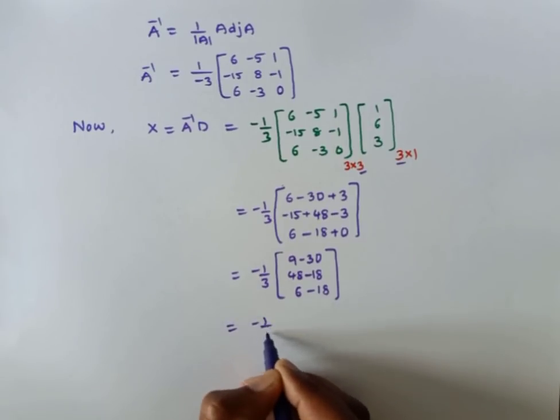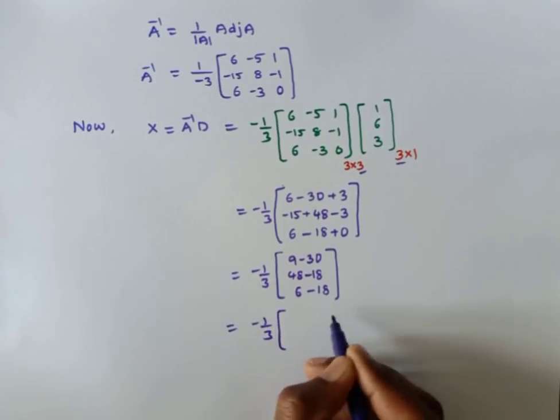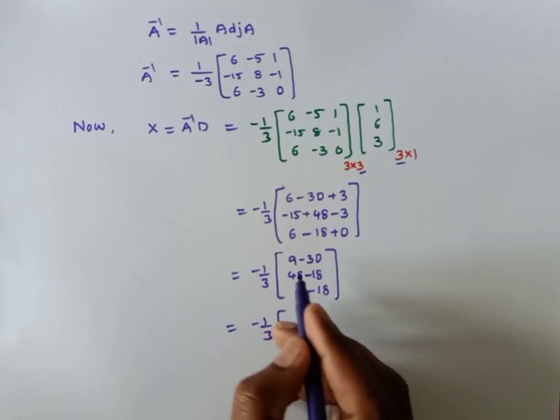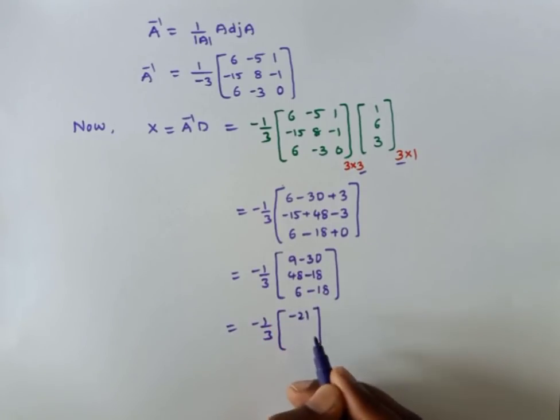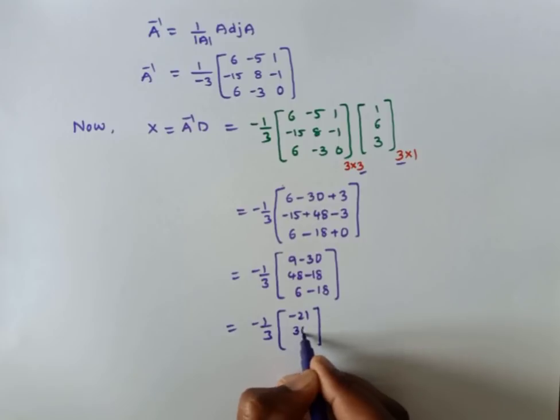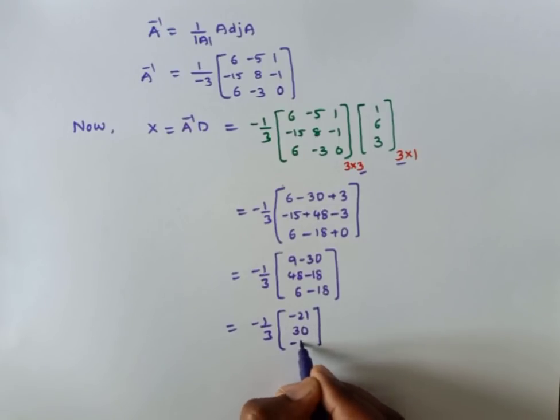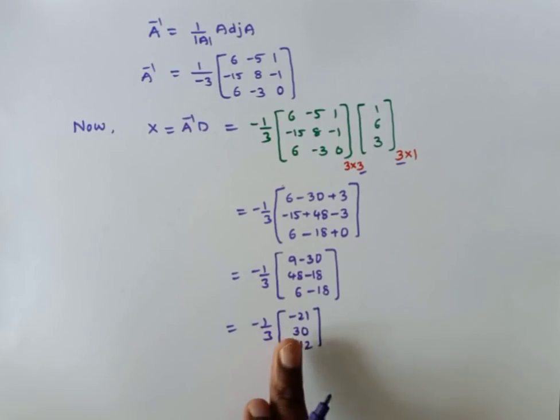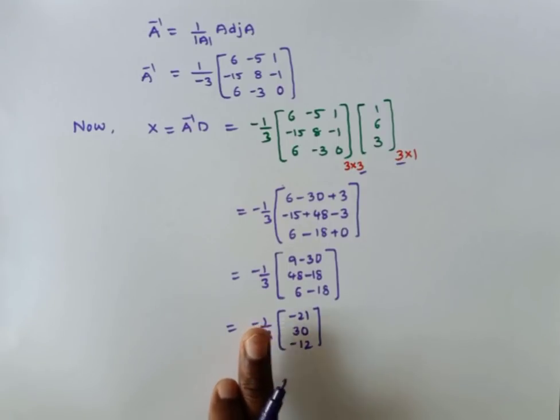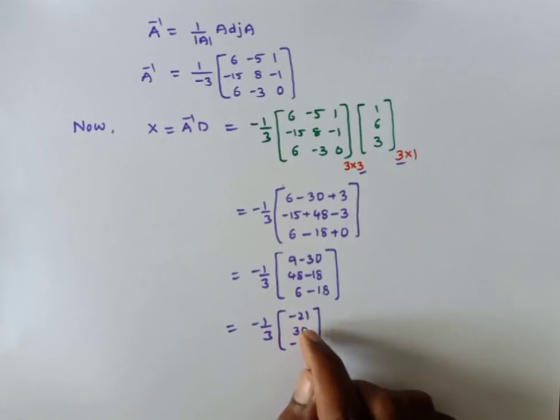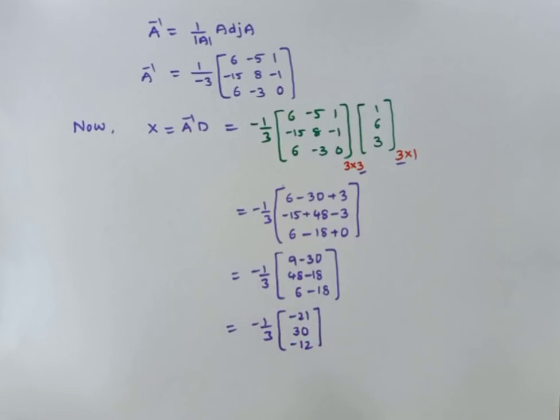So this is minus 1 by 3 times the matrix minus 21, 30, and minus 12. Now this is a scalar, and you know the concept of scalar multiplication. Multiply each and every element of this matrix with minus 1 by 3. So finally we get the elements.